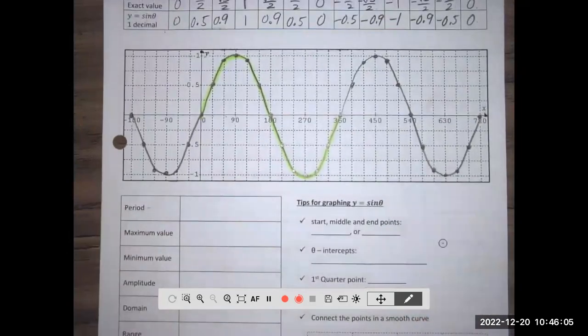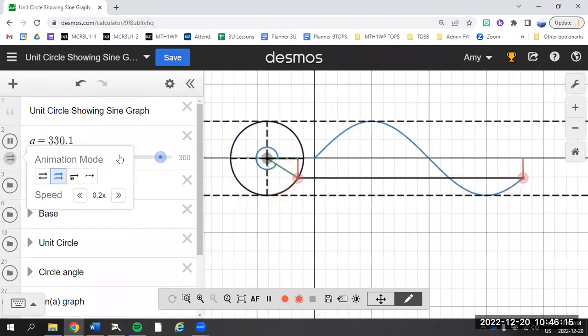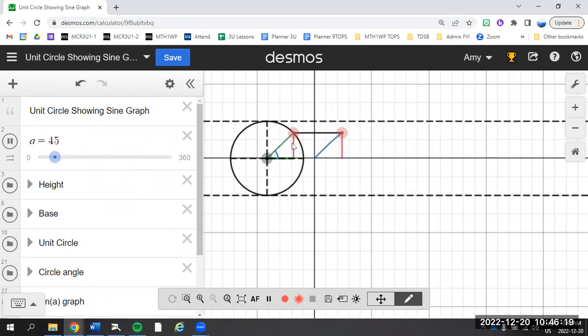Oh, actually before that, I want to show you guys this animation that I found that I think is kind of cool. So take a look here. So we looked at the unit circle last unit. Do you guys have a question for me? Okay. Do you need another minute to talk about it?